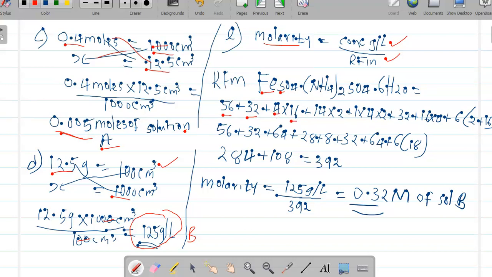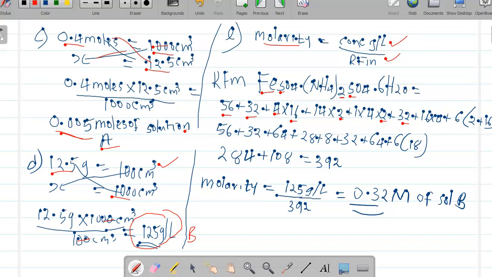Then plus nitrogen 14, but this 2 is multiplied by anything inside the bracket: nitrogen 14 times 2 times 2. Then hydrogen 1, we have 4 hydrogen, 1 times 4 times 2. This 2 that we are multiplying is the one outside. Plus sulfur again, 32, then oxygen 16 times 4, then plus 6, multiplied by anything from the water, which is 2 plus O, oxygen, which is 16.